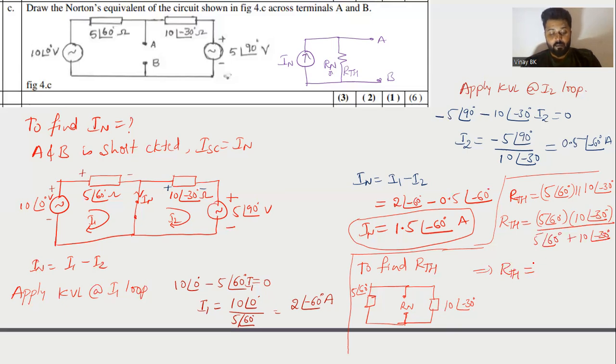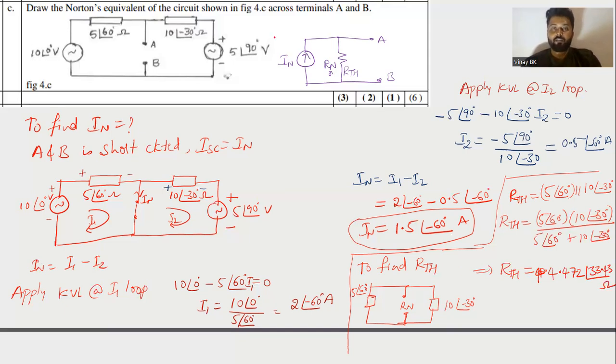So you can get RTH as 4.472 at an angle of 33.43 ohms.